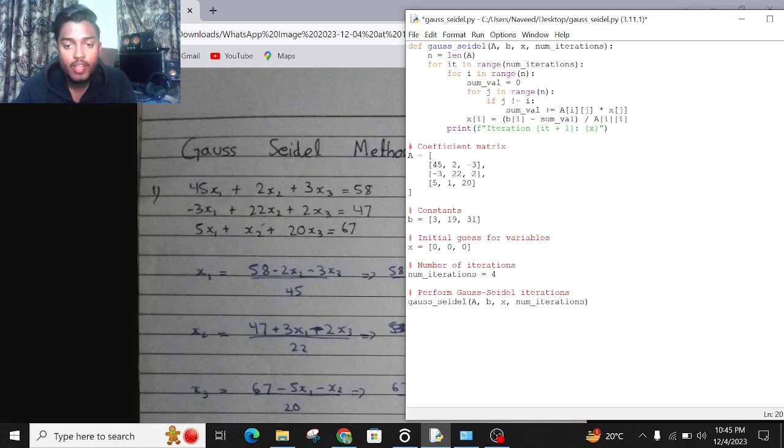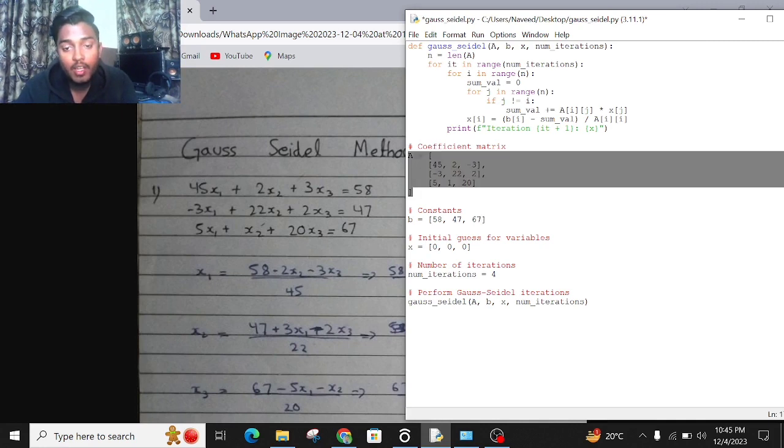On the constant side, the first constant, of equation 1, equals 58. Then the second constant equals 47, and the third one equals 67.